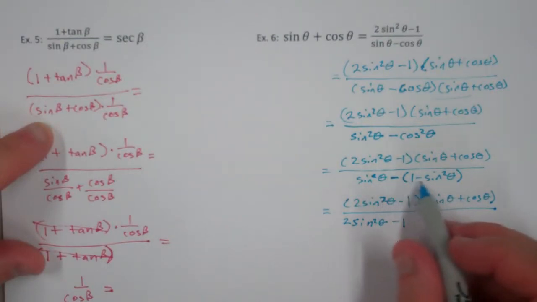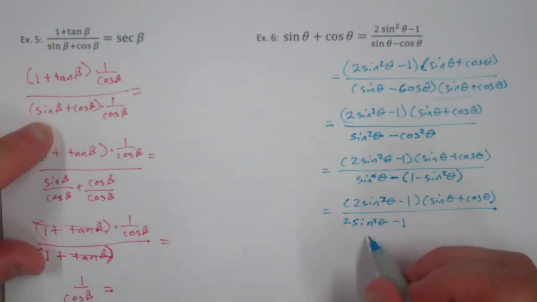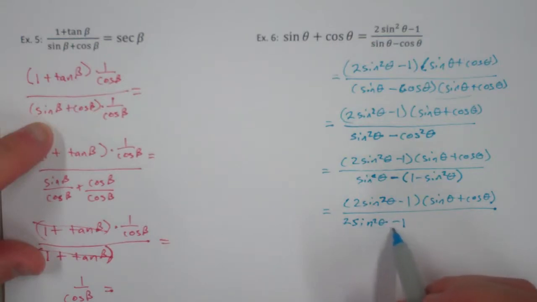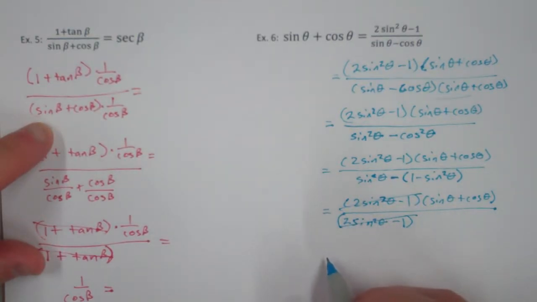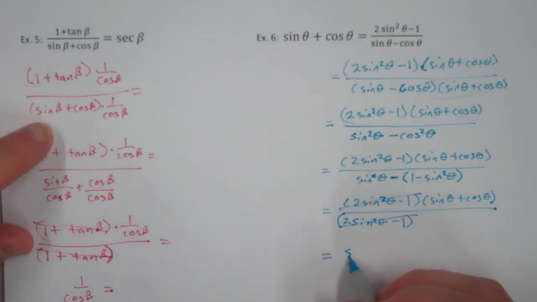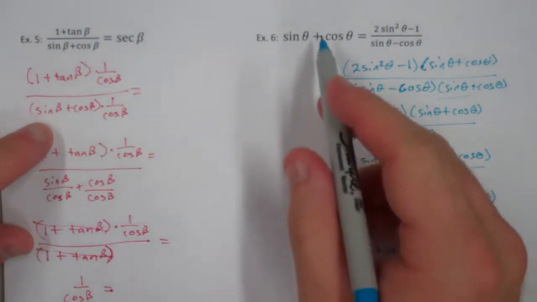If you did this distribution here, this negative sign, and then combine like terms, you would find that that's 2 sine squared minus 1. Now we can take these and cancel them out. That's acceptable. So we've got the sine of theta plus the cosine of theta, which is what we were supposed to get anyways.